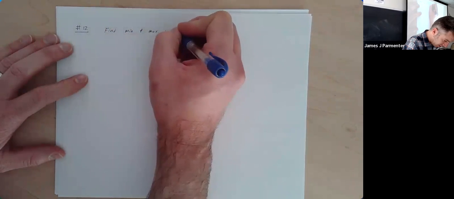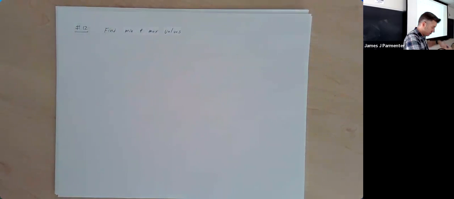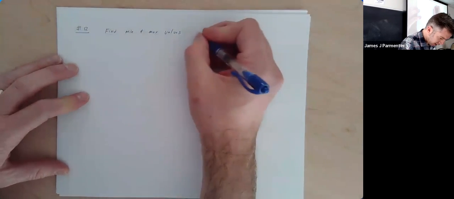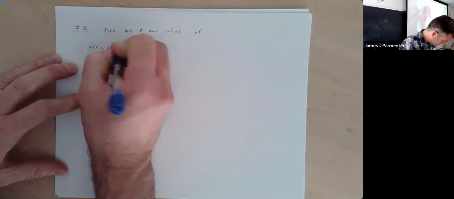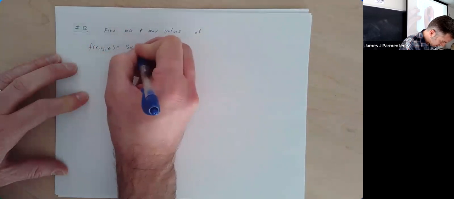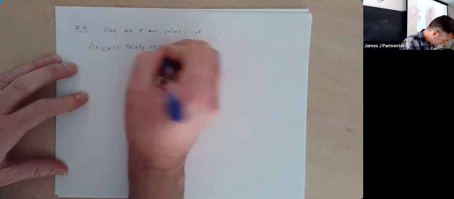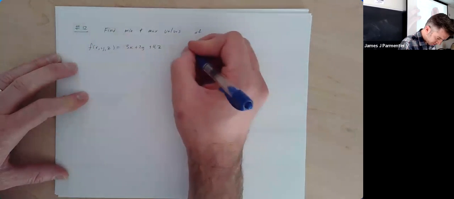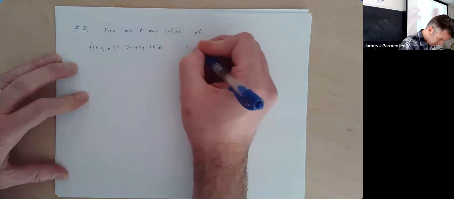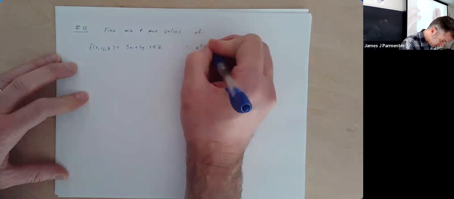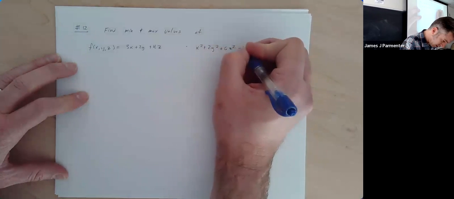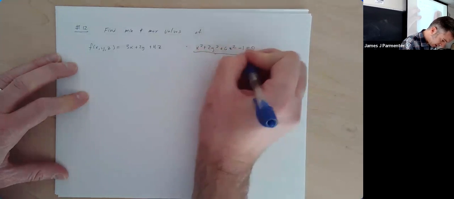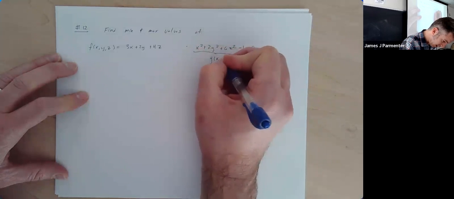Specifically, they're only asking for the output of f of x, y, z equal to 3x plus 2y plus 4z, subject to the constraint x squared plus 2y squared plus 6z squared minus 1 equal to 0. And that's our g of x, y, z.